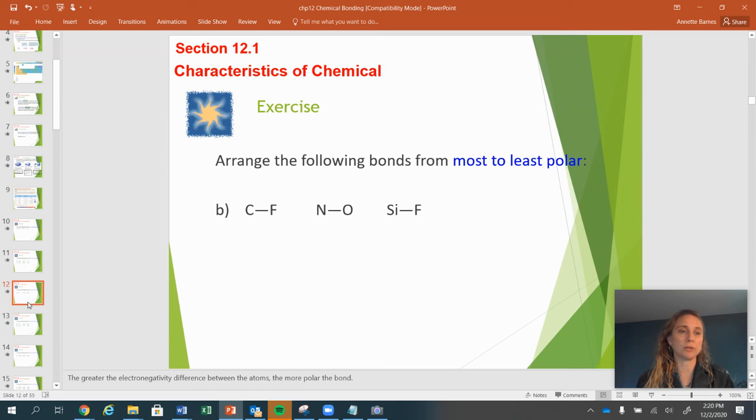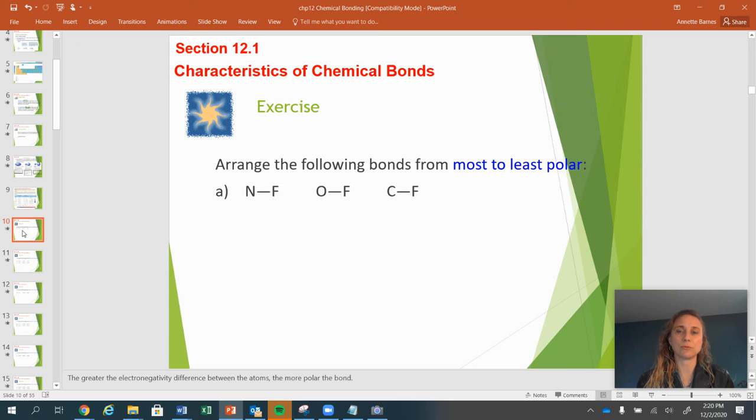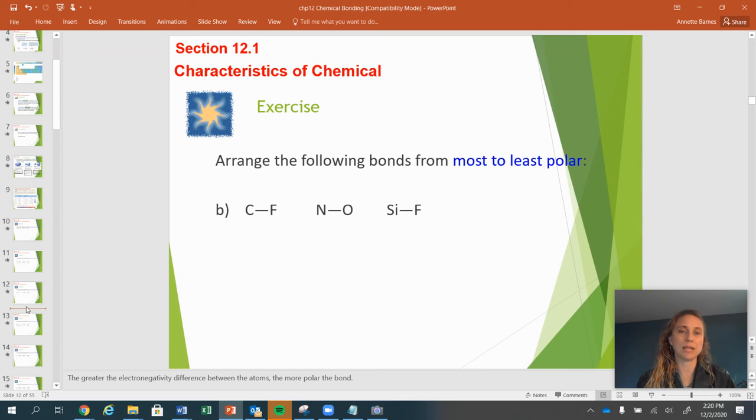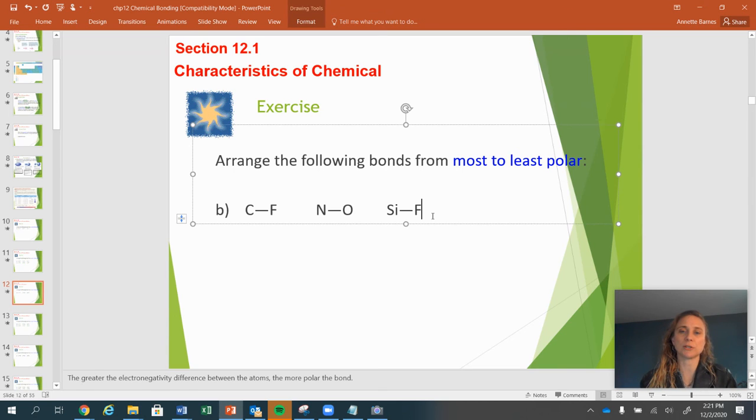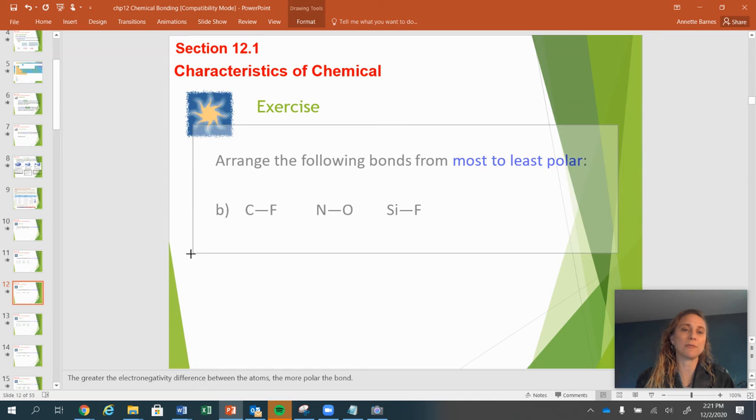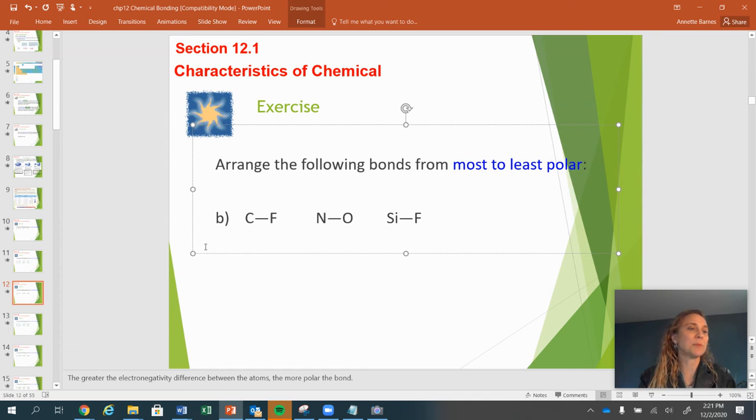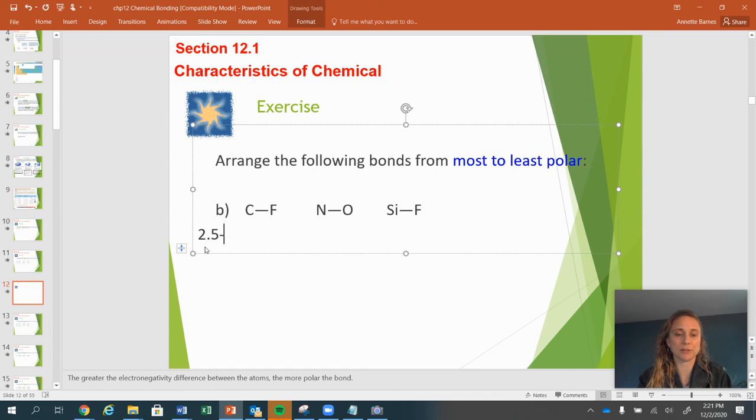Now, for the most polar to least polar, we're comparing not just compounds that are bound to fluorine. Okay, so carbon and fluorine, that's going to be 2.5 and 4.0. Those are the differences, a 1.5.